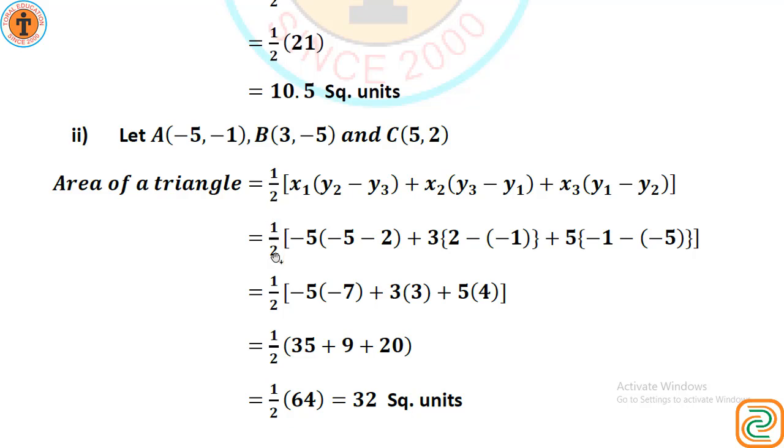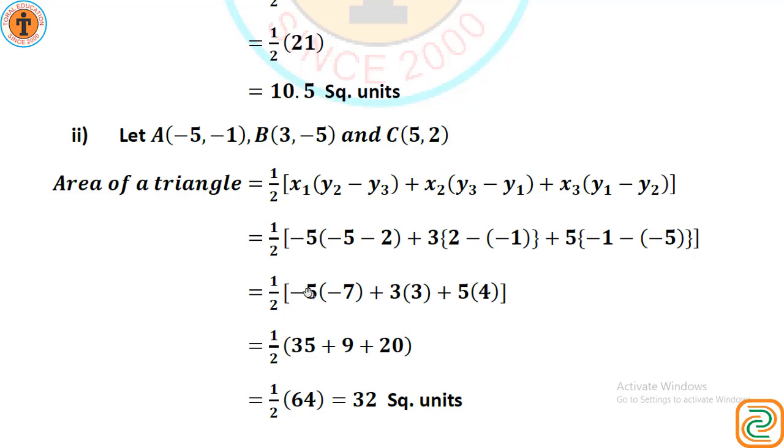Area of triangle. Okay, half, x1 is minus 5, y2 that is minus 5 minus y3, that is 2, minus 5 minus 2, and x2 is 3 bracket y3 minus y1, that is 2 minus minus 1, right. 5 is x3, so y1 minus y2, y1 is minus 1 minus minus 5.